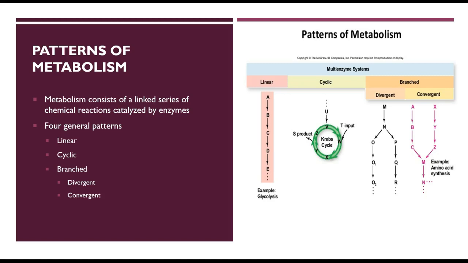And then finally we have branched patterns of metabolism, where we might have one compound, and through a reaction, that reaction may branch into several other reactions, or we might converge 2 separate chains into one. Amino acid synthesis is an example of a branched pattern of metabolism.